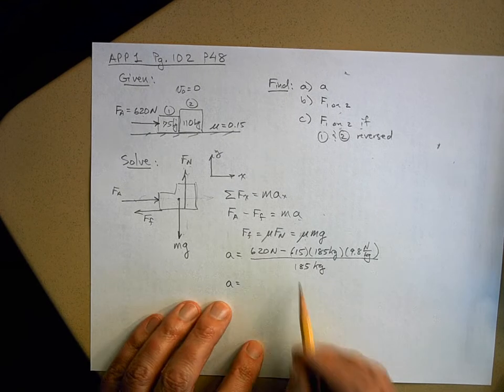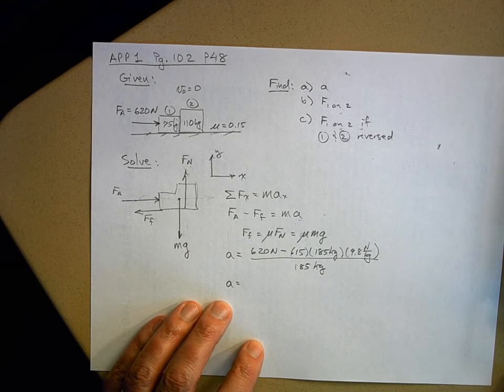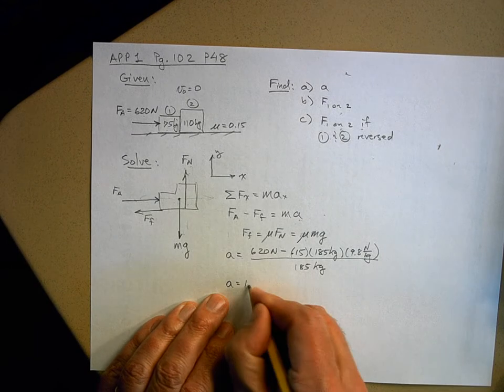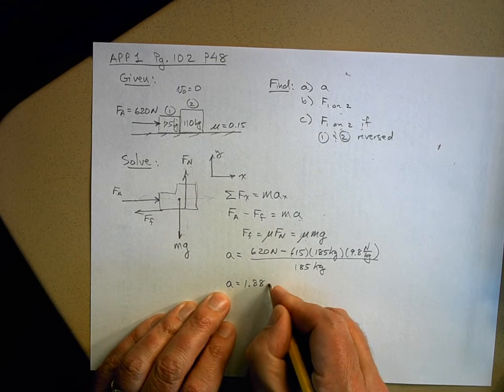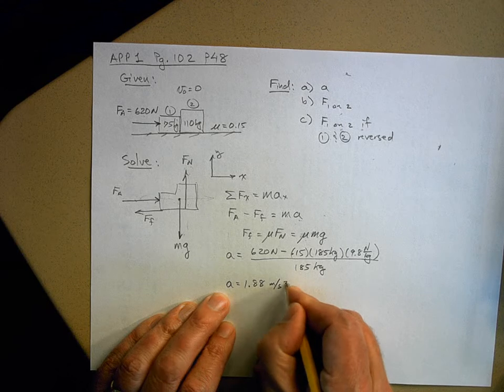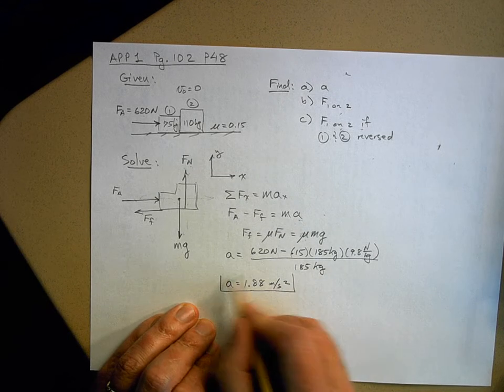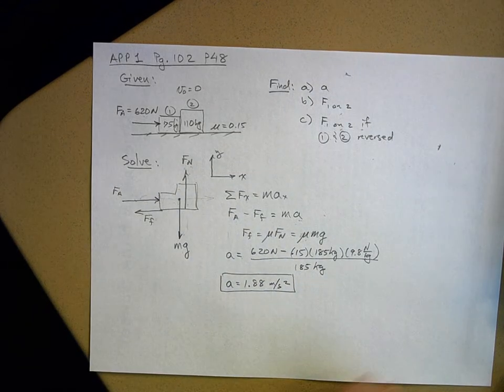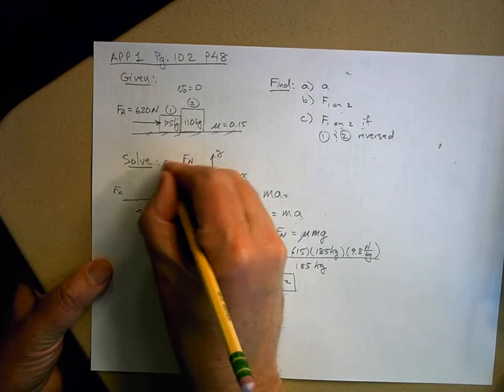Then I have to divide that by 185, and I get 1.88. I think I saw that on your whiteboards, right? 1.88. Okay, and this is all part A.